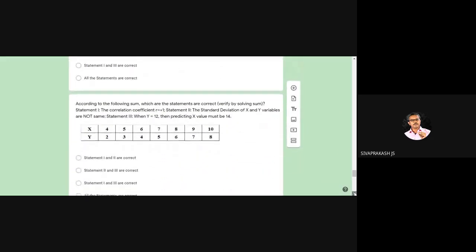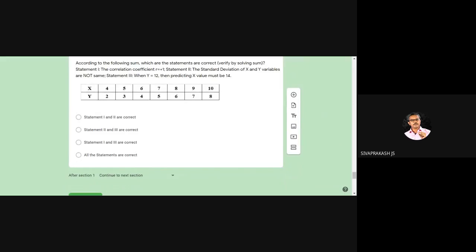Yeah, is this clear? Next, according to the following sum, which of the statements are correct? Statement 1, correlation coefficient r is equal to +1. Statement 2, standard deviation of x and y variables are not same.